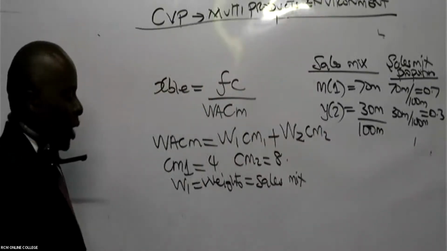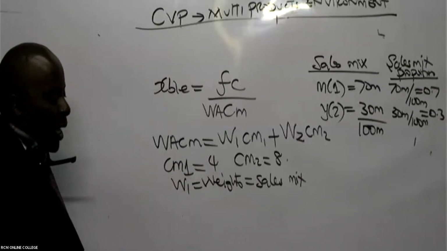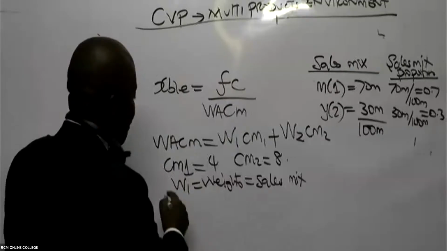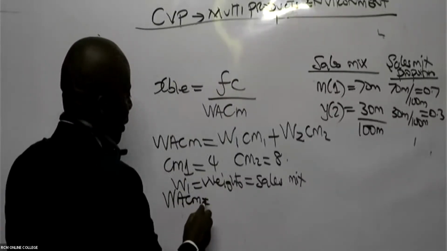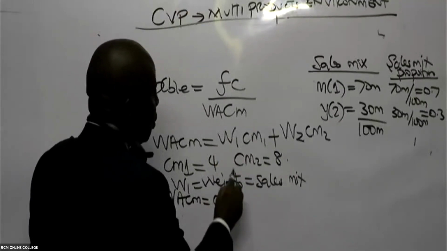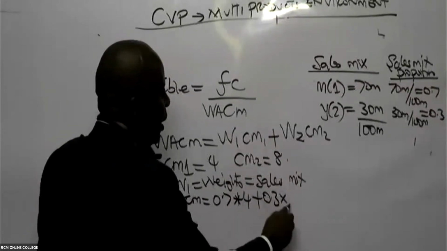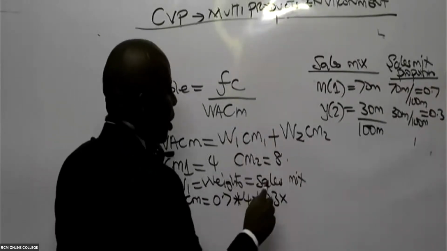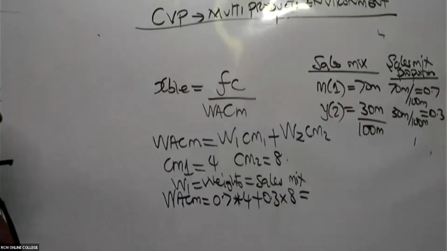Thank you so much. Then please go ahead and give me the WACM. We already have the formula. We know this is weight 1. Weight 1 is 0.7 times contribution margin 1, which you gave me as 4, plus 0.3 times contribution margin 2, which you gave me as 8.